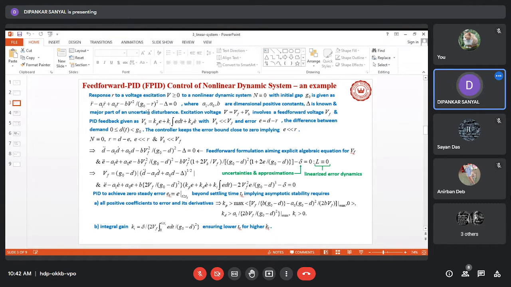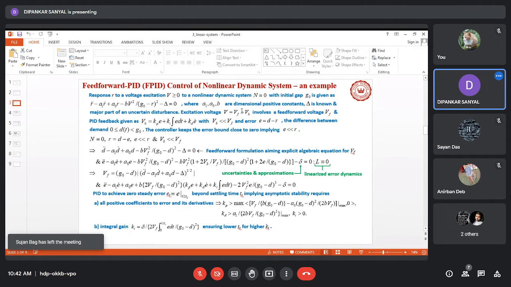Sorry for the interruption. So we were talking about this equation where I was explaining the disturbance part. Now, because of this term, we clearly see it's a nonlinear equation, and when we have this kind of nonlinear form, what we do is pretend that this voltage is composed of two parts.